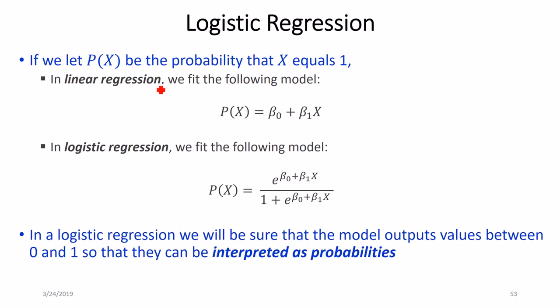In logistic regression we fit the model p of x equal to e to the z divided by 1 plus e to the z, where z is equal to beta naught plus beta 1 times x. And this is basically the sigmoid function that we saw previously. As the values of the sigmoid function are between 0 and 1, we can use them as probabilities.